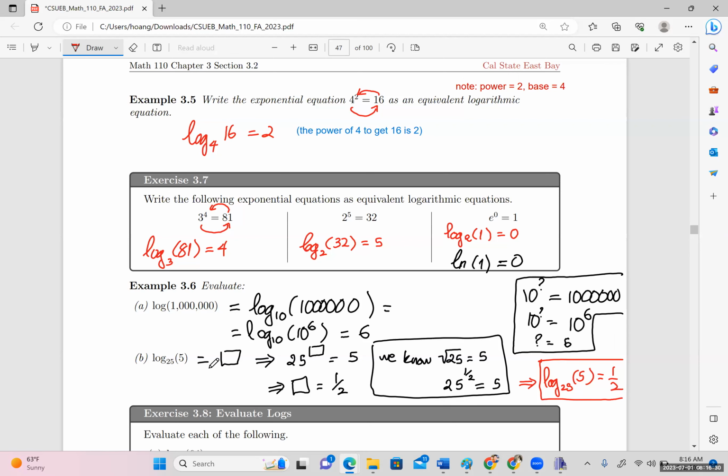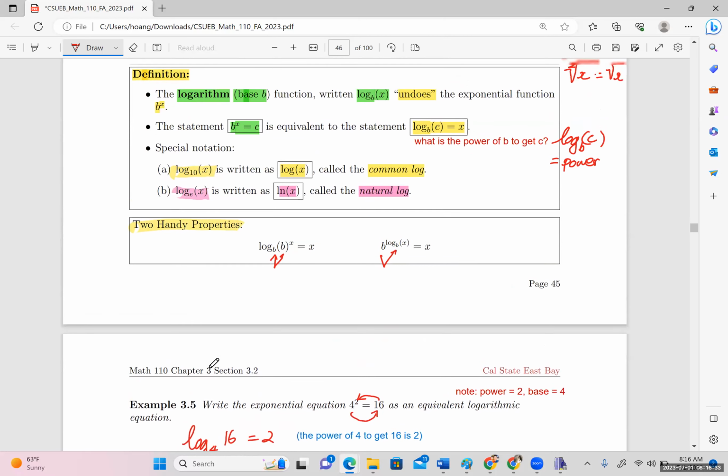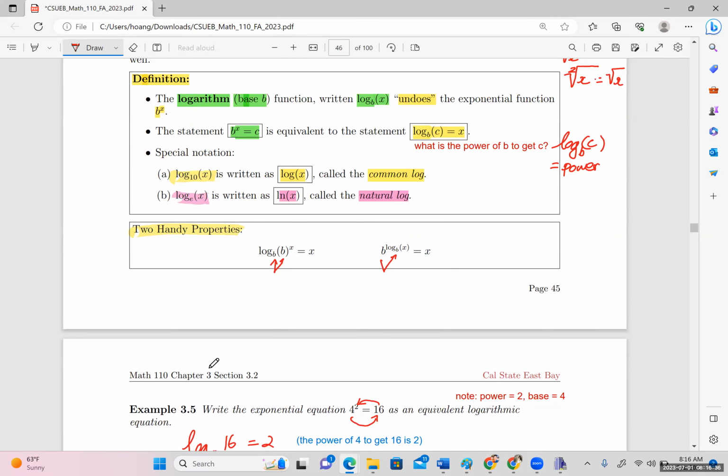We did apply the first handy property, right? For the second one, for example, if I have 4 raised to log base 4 of x, I can say it's equal to x only.